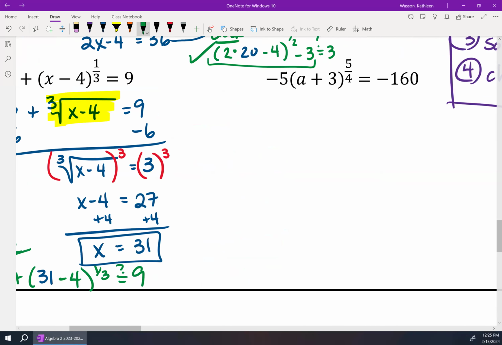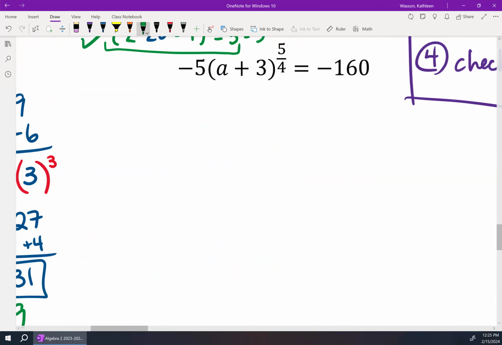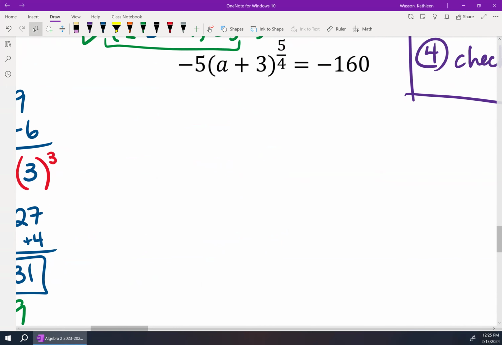This last example, I'll leave it as an exponent. Okay, I'm isolating the part of the equation that has the exponent, and that's this group that has parentheses around it. This is multiplied times -5. So first step, I divide by -5.